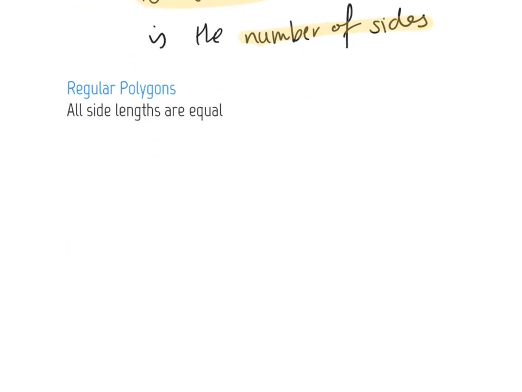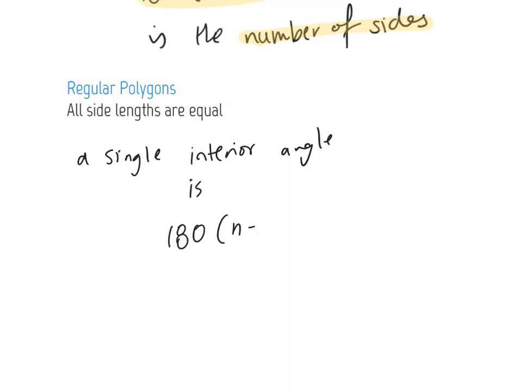Now with a regular polygon, the same rule applies, but we're moving a step forward, because all the side lengths are the same, we can actually find a single interior angle. That is 180, again, n minus 2, and we're dividing it by n because there's n angles.